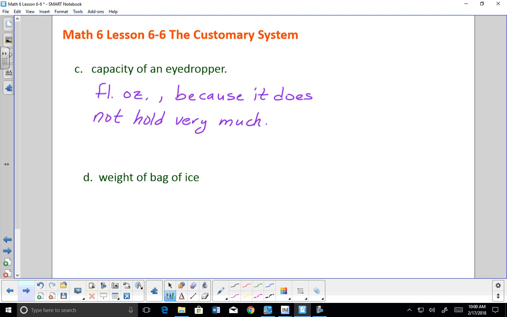So we're probably not looking at tons, and if we're talking about the general bag of ice that you would get in a store, it's a pretty decent size, so therefore we'd probably go with pounds, because ounces are just too light. Ounces are too light, and obviously tons is way too heavy.